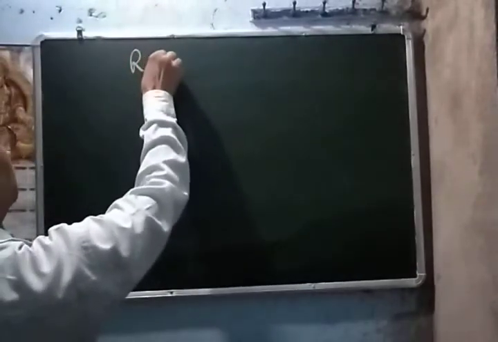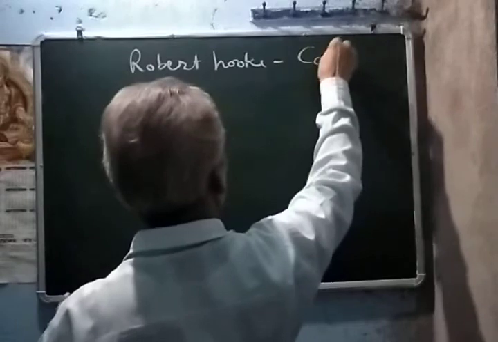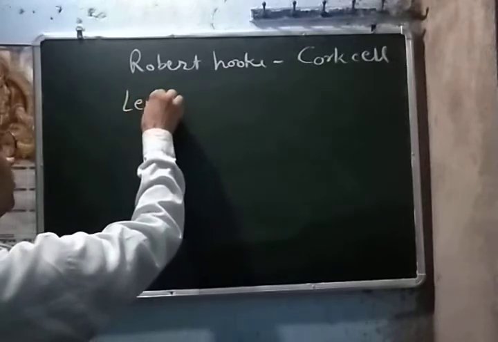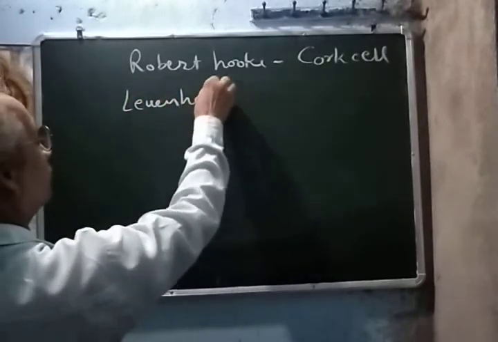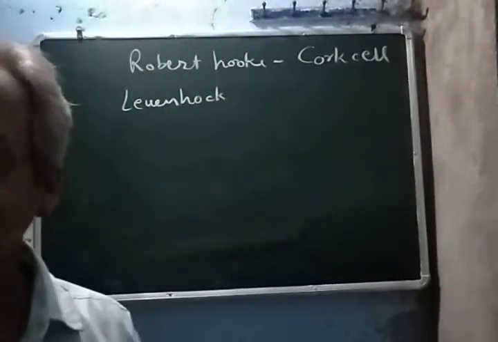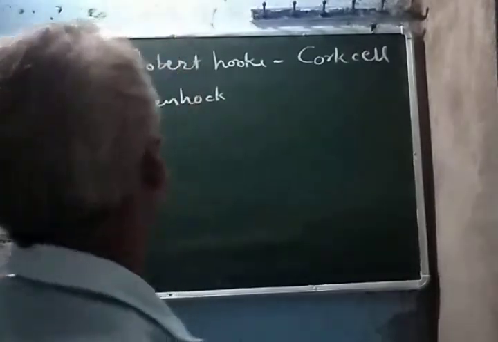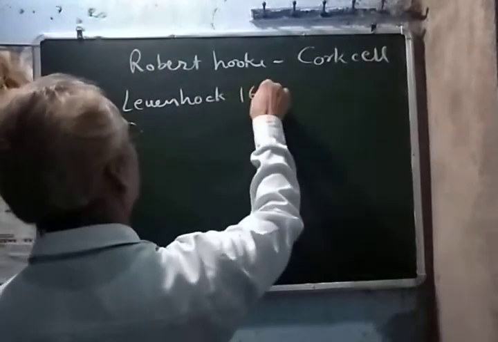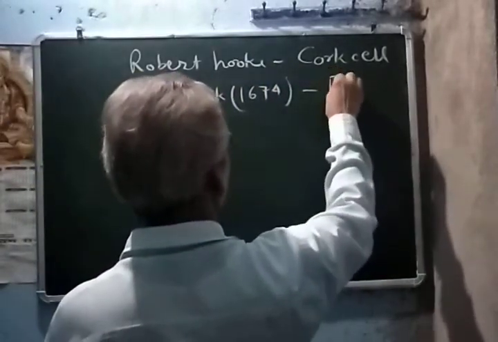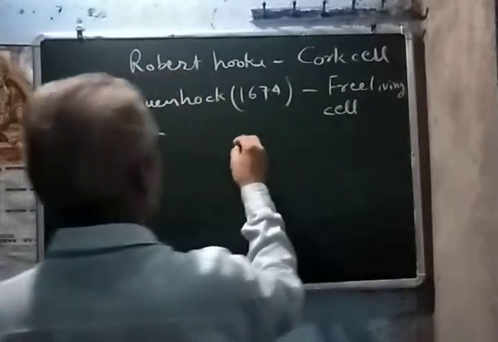Robert Hooke at first discovered the cork cell. Leeuwenhoek in 1674 saw living, free living cells in pond water.